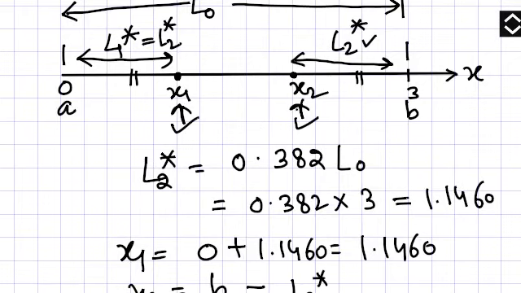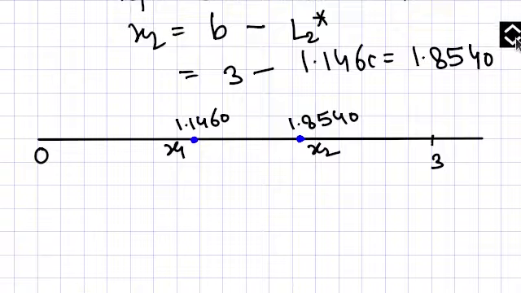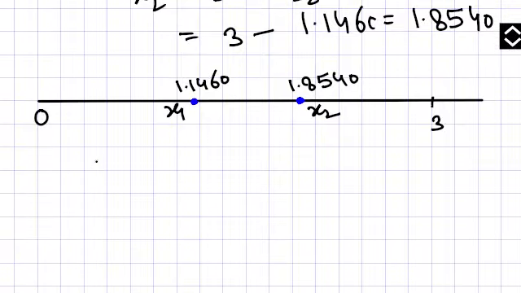Now we will draw the graph of it again to better visualize the problem. So here you can see the axis, and I have written the values of x1 and x2. Now what you have to do is get the function value at these 2 points, and these are actually called the first and second experiments.